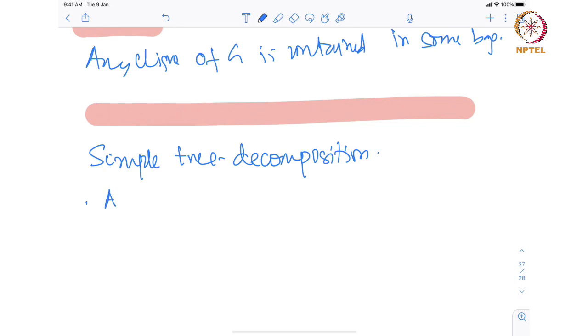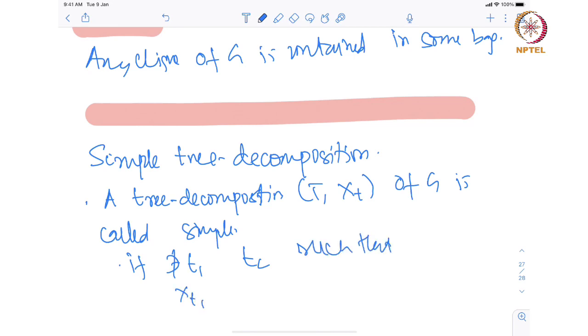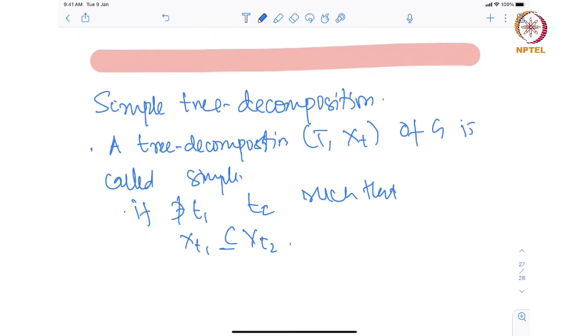A tree decomposition (T, X_t) of G is called simple if there doesn't exist some t1, t2 such that X_t1 is a subset of X_t2. Meaning, a simple tree decomposition is one where no bag is contained inside another bag. This is the only property of a simple tree decomposition.